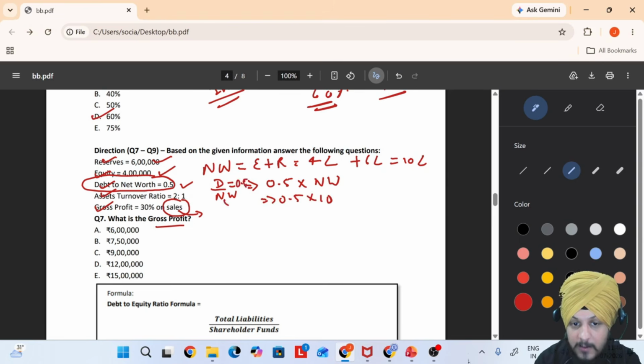So we are multiplying it over here. 0.5 into 10 lakh, if you calculate it, is going to be 5 lakh.